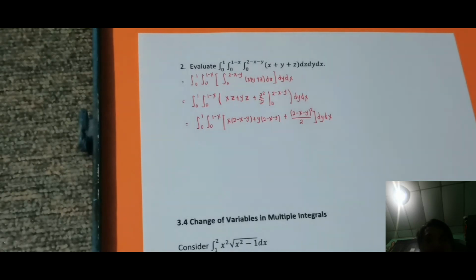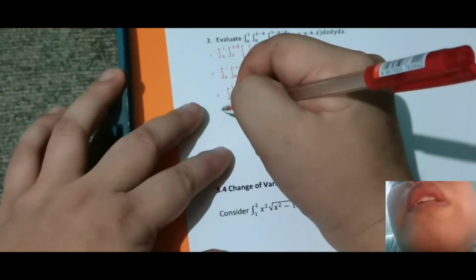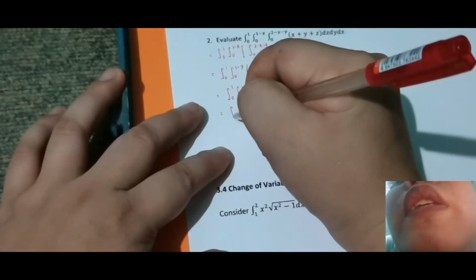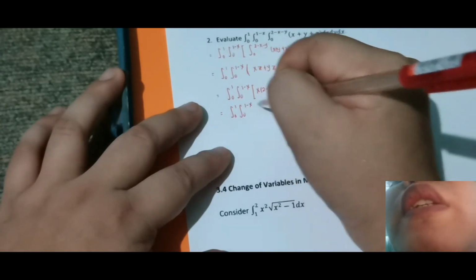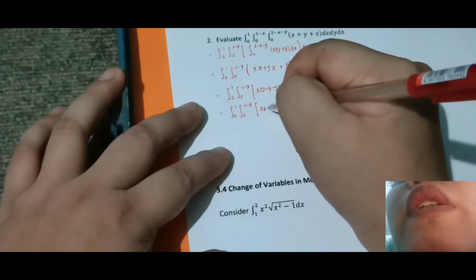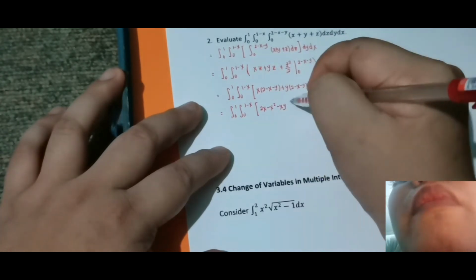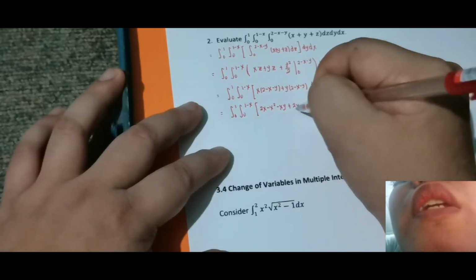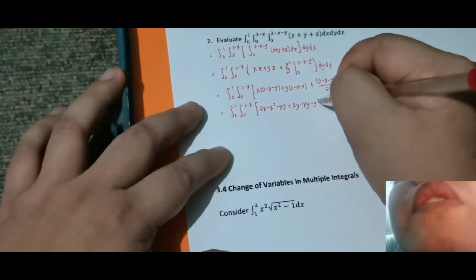Okay, so upon checking, so kung pag minultiply ko, this is just 2x. So, sige na nga, simplify na natin ng ganyan. This is integral from 0 to 1, integral from 0 to 1 minus x, of 2x minus x squared minus xy plus 2y minus xy minus y squared.